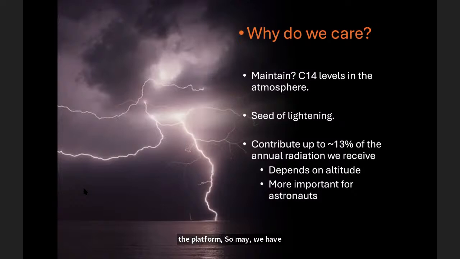And we now have instruments to measure the distance of the lightning and to try to get some information. But also, they contribute to the radiation that we normally get, right? It is about 13% of the radiation that we get at sea level. So if we go to a volcano, or into a balloon, or to a spaceship, we will get more radiation, and that's important to understand for astronauts.